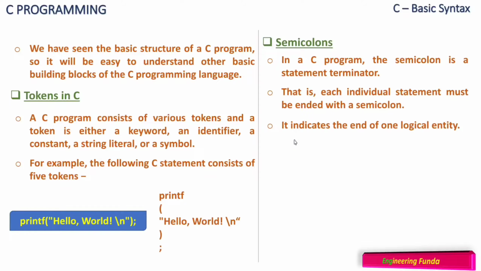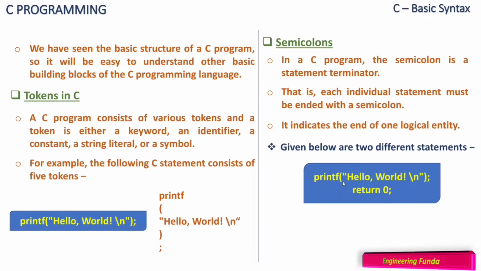It indicates the end of one logical entity. So given below are two different statements, printf("Hello World\n"); and return 0; These two statements end with a semicolon, and the compiler will understand that this is one statement and this is another statement.